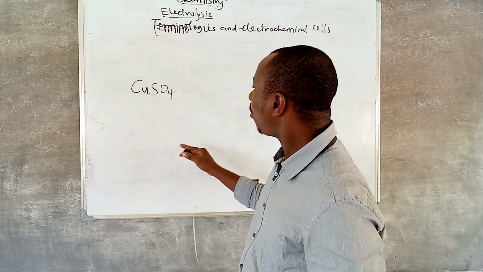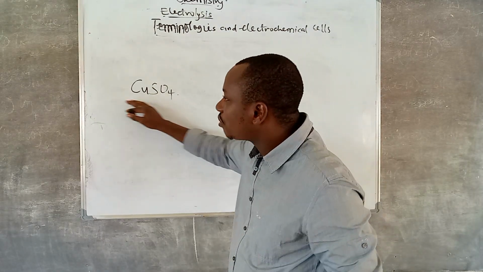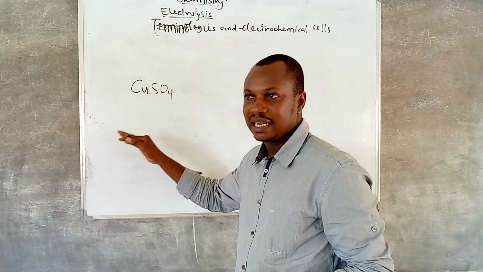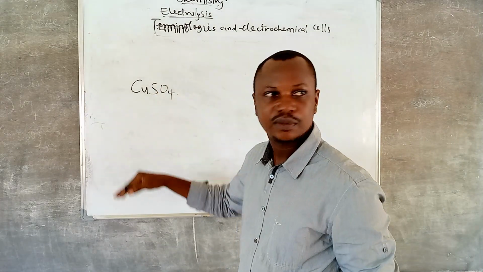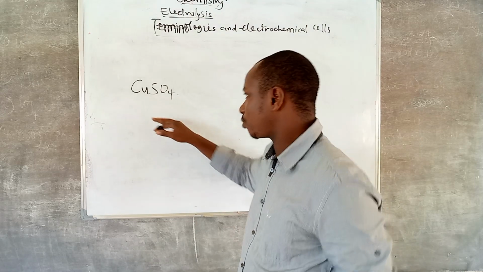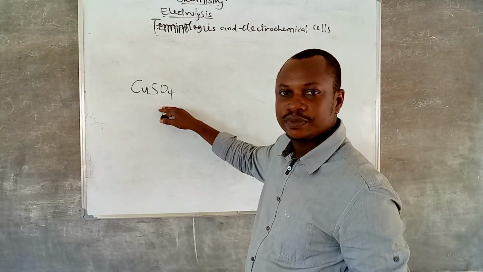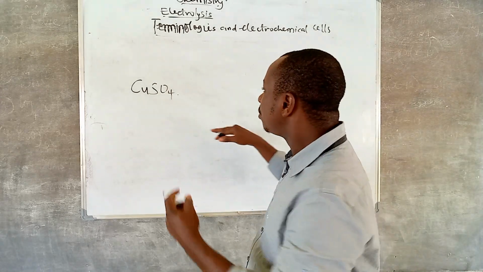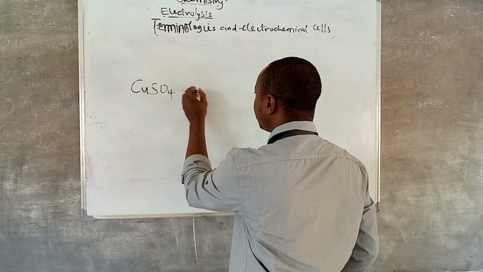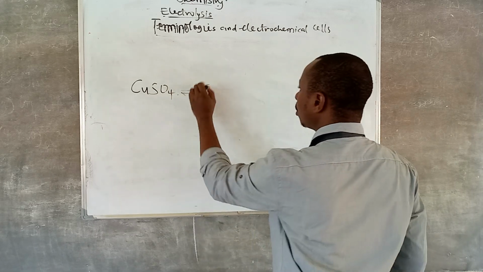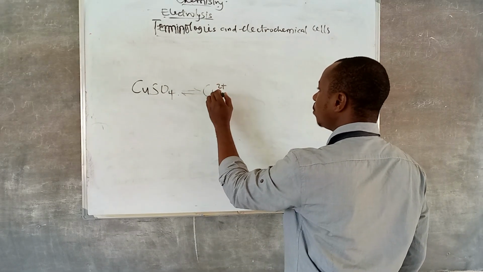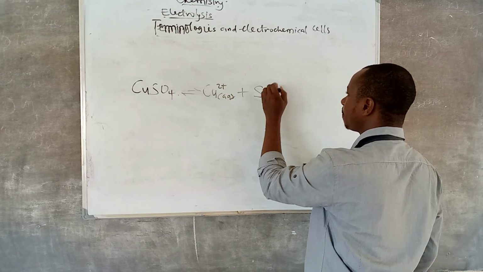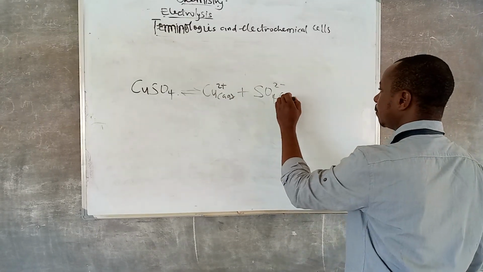So if I want to dissociate this compound into its individual elements, there's no way you can do it except by electrolyzing the salt solution. If you put this in water and pass electricity, you will see that copper will be dissociated from this SO4, which is negative.